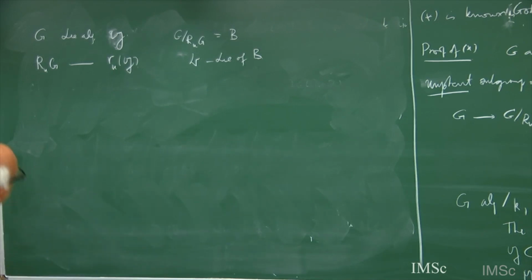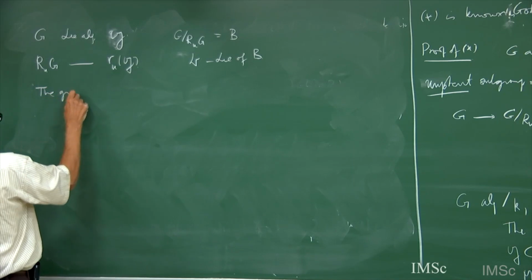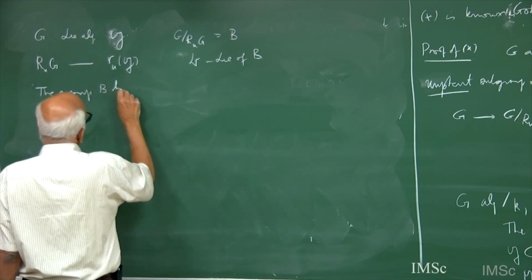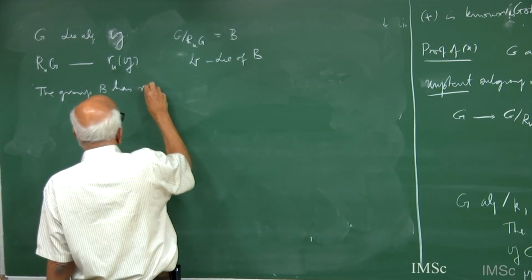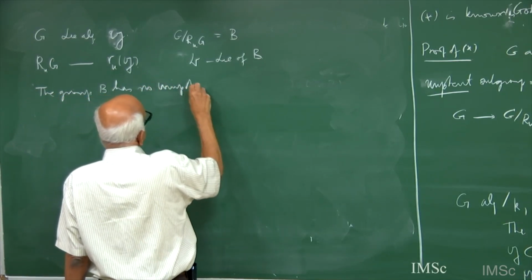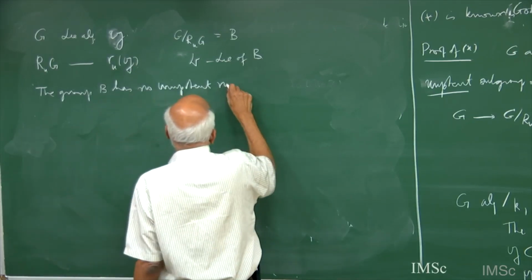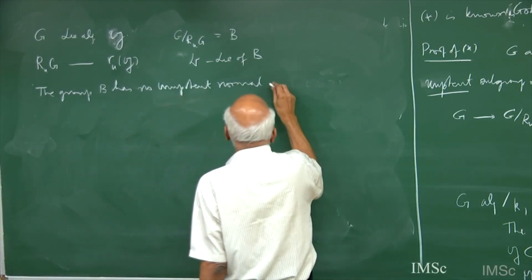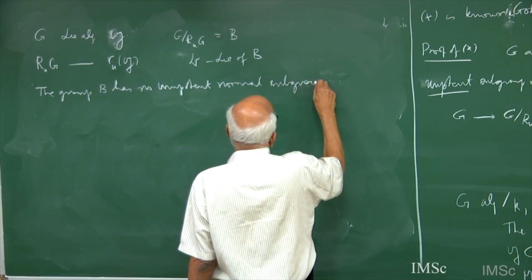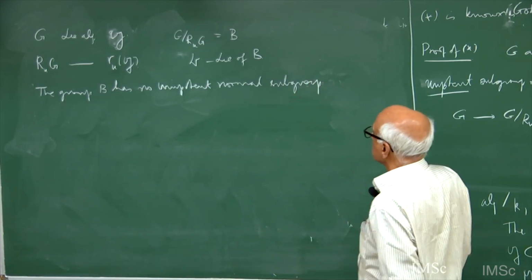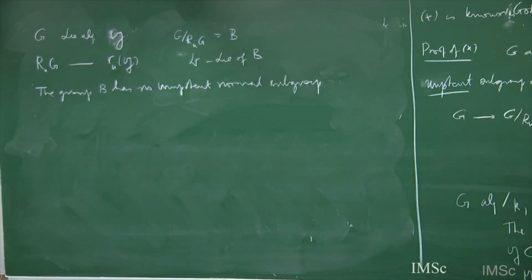The group B has no unipotent normal subgroup. Once I pass to the quotient by the unipotent radical, you have no more, because if there's a unipotent normal subgroup, you can take its inverse image under this map, and you will get a bigger unipotent group, contradicting the maximality. Okay.